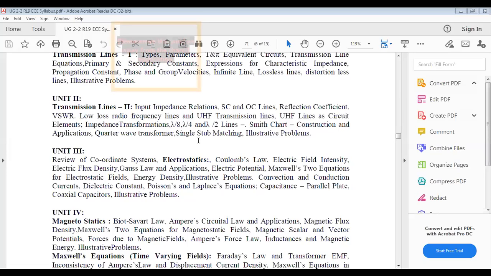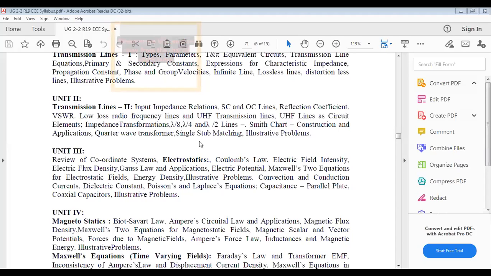See here, unit 3. What are the first concepts? Review of coordinate systems.